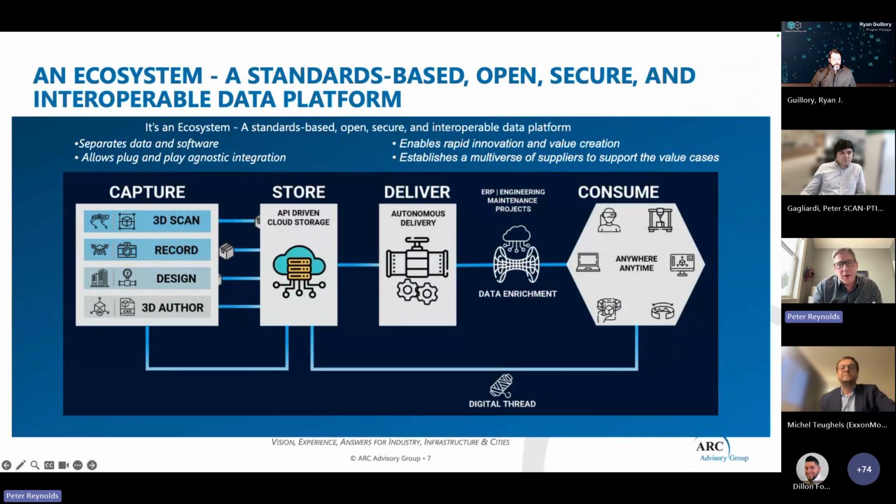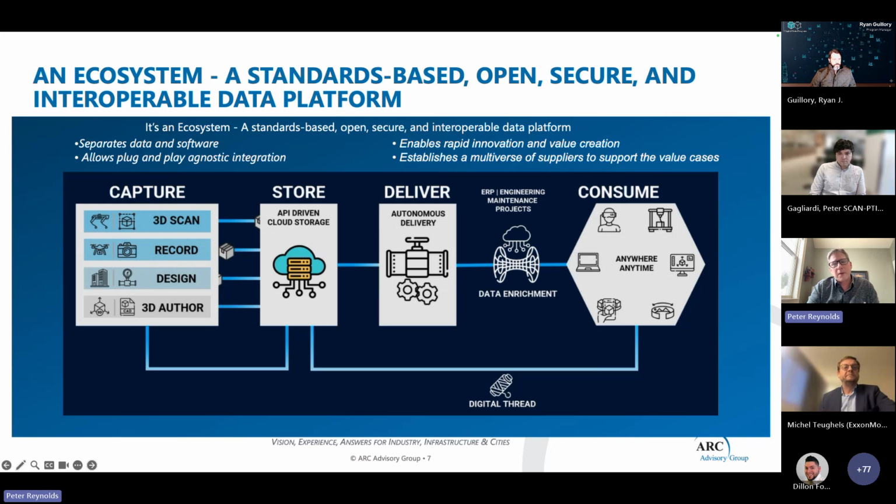And where we see software and some of the benefits from an ecosystem, we see a new model for software delivery that has capture separate from storage. And what that means is agnostic, neutral file formats for things like 3D reality capture, or P&IDs, or process models, or other authoring tools. The interoperability allows a greater ability to store this information and deliver it across different applications.